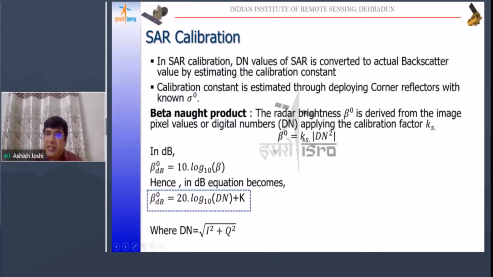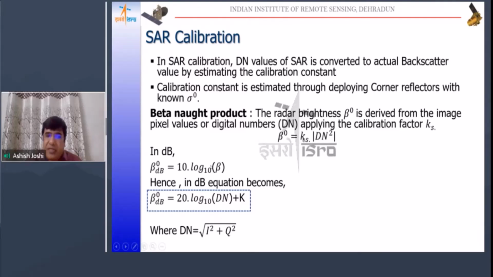The formula is beta naught equals Ks times DN square. In the log scale, if we take the log, the dB conversion is 10 log 10 of beta. So in the dB scale, what is the formula?